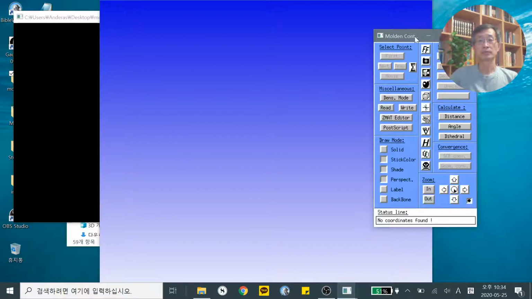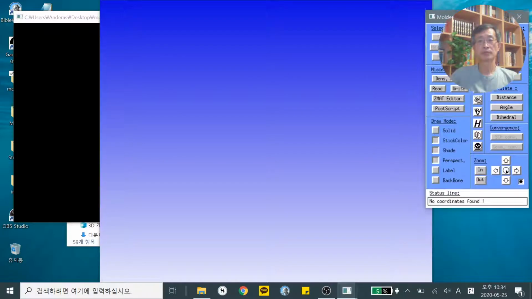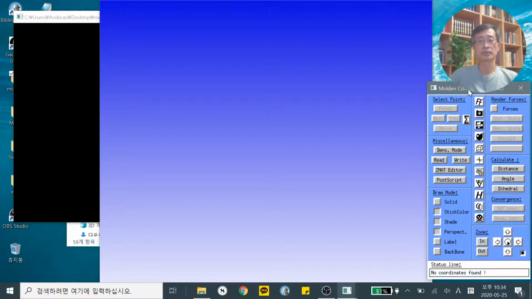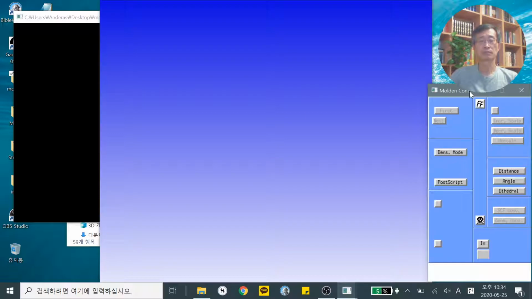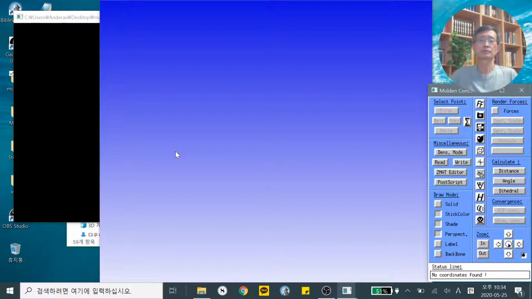The previous version is an old version. They used to develop this Molden program for Unix-based systems, so X window was the default window engine, and it is only available for an X server.